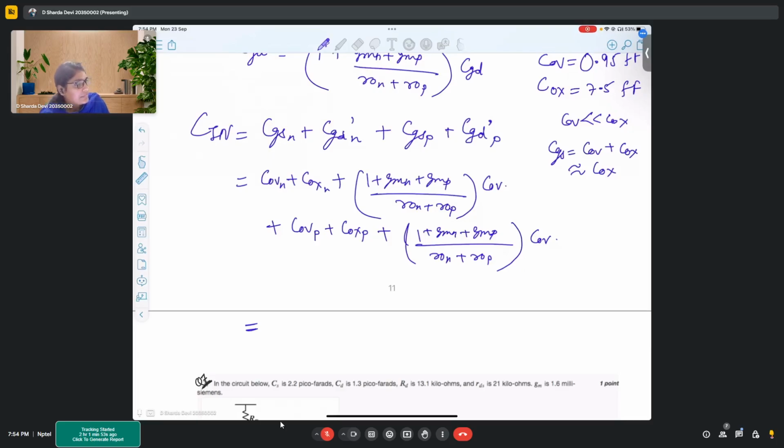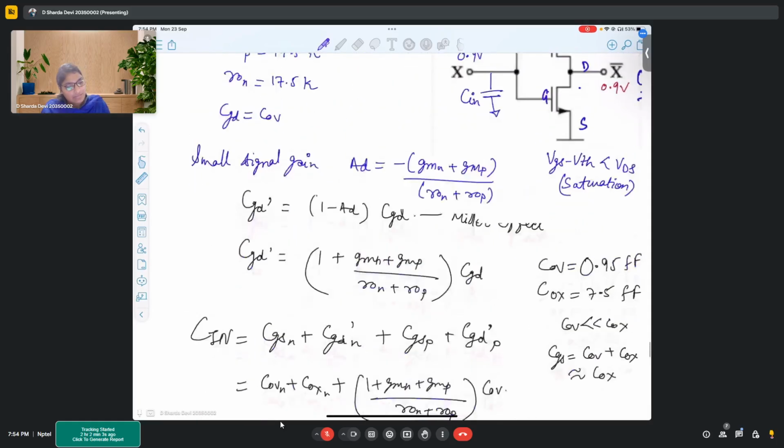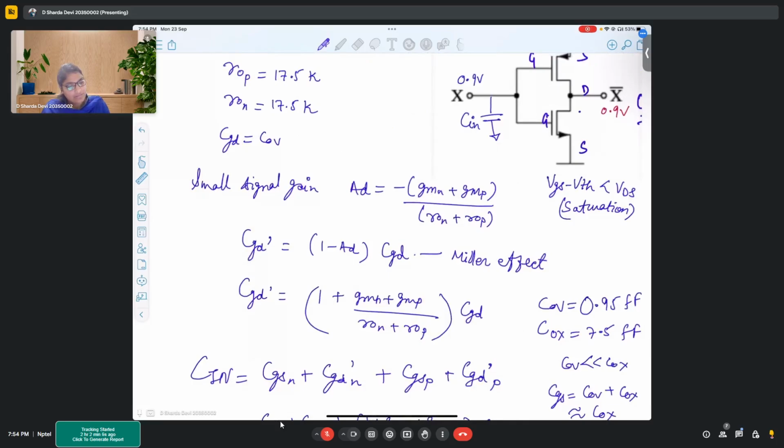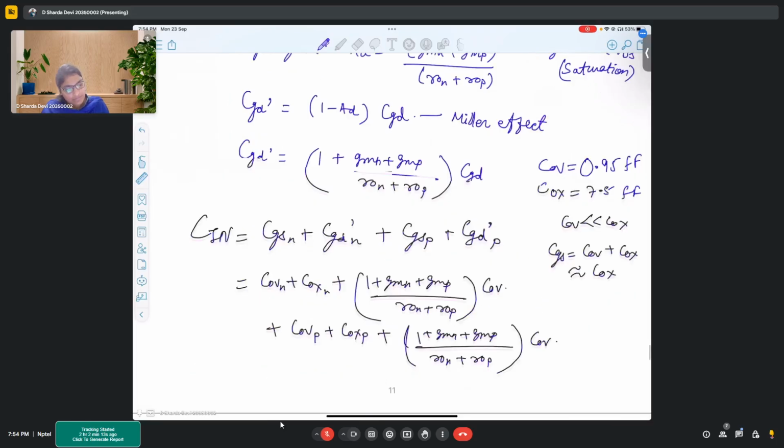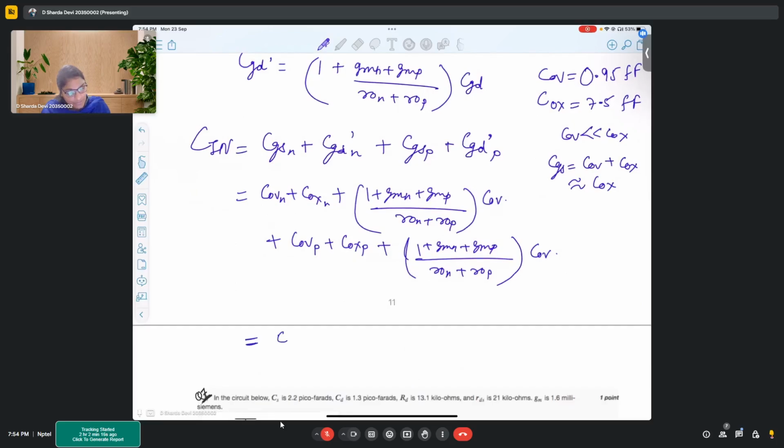So from there, if I write it in a smaller version, if you simplify the formula, it will be Cox n plus Cox p plus C overdrive n plus C overdrive p into 1 plus Gm n Gm p by r naught n plus r naught p.